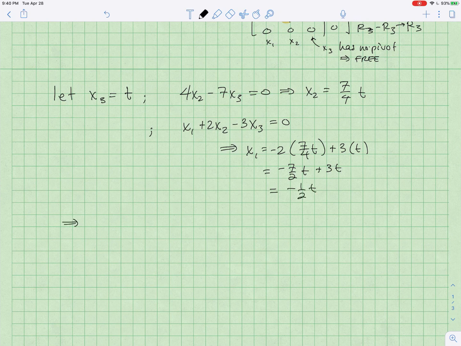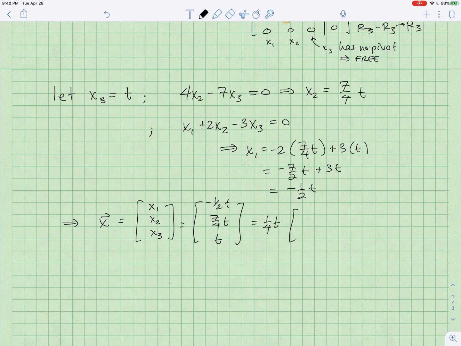And this tells me that x is equal to the vector x1, x2, x3, which is negative 1/2 t, 7/4 t, and t. And I am going to factor out a 1/4 t so that I get whole numbers here.